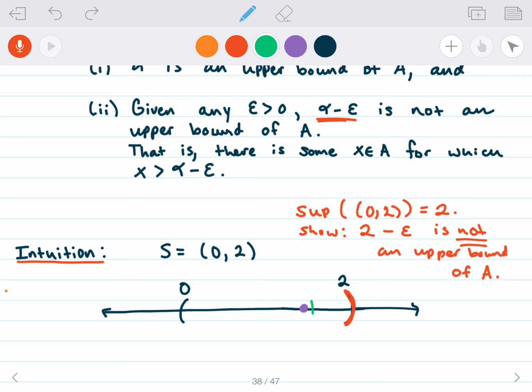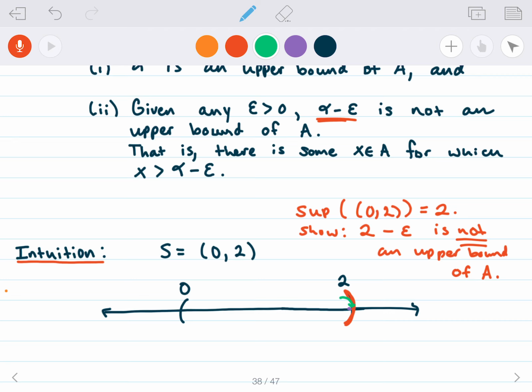And actually, no matter how tiny you make epsilon, like if you make epsilon super tiny to where it's really, really close, right? You're still gonna find something bigger than that in your set. You're always gonna have this property, and we're gonna make this rigorous later on by using what's called the Archimedean property.